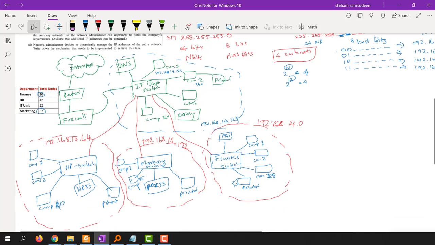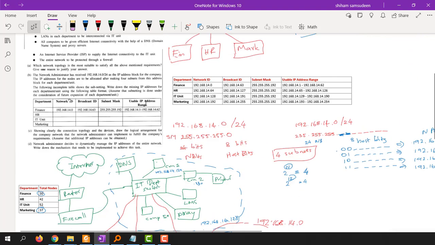So start with the internet, and after the internet you should have the router, and then the firewall is protecting the whole network, and the network starts with the IT department switch, which has the internet connectivity. So that's why you have the proxy server, the DNS there.